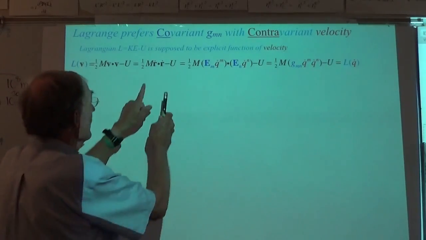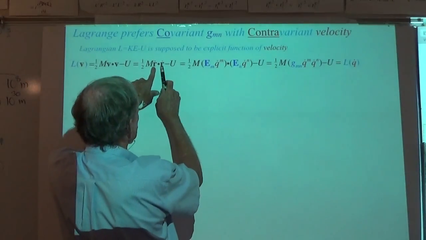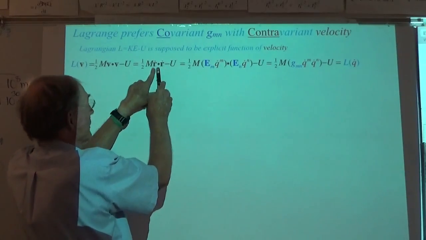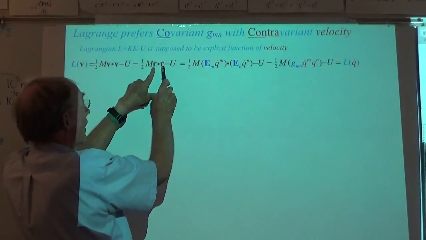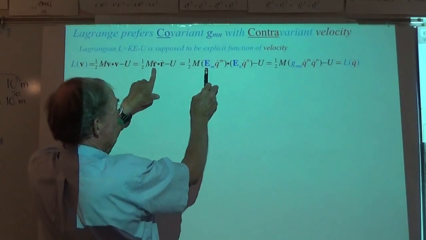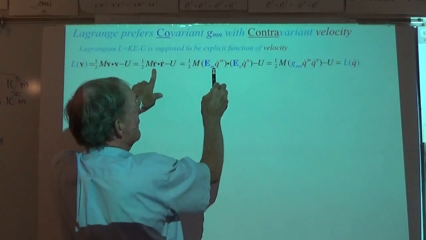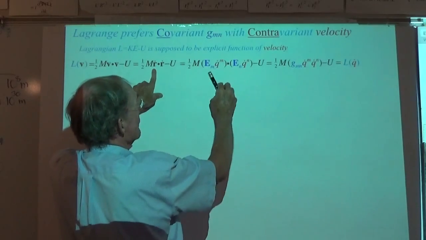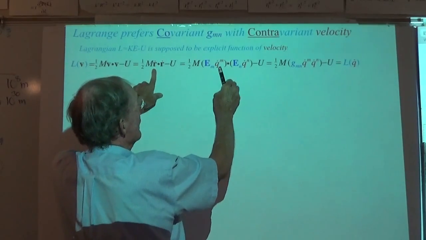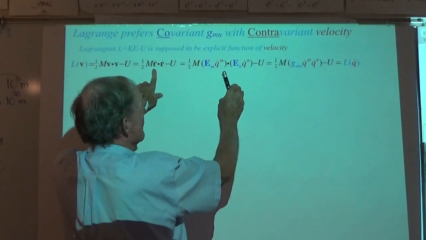You see, here's r little dot, dotted with another r little dot, and each one of those is a covariant vector summed over the velocities associated, and the velocities are contravariant.